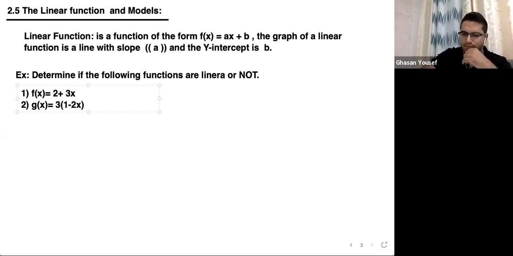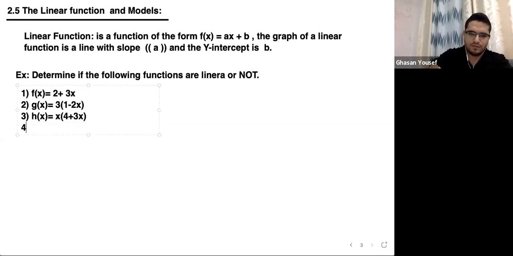Number 3, h of x equals x times (4 plus 3x).